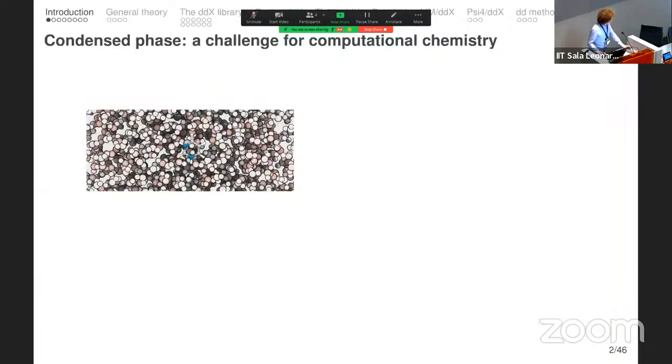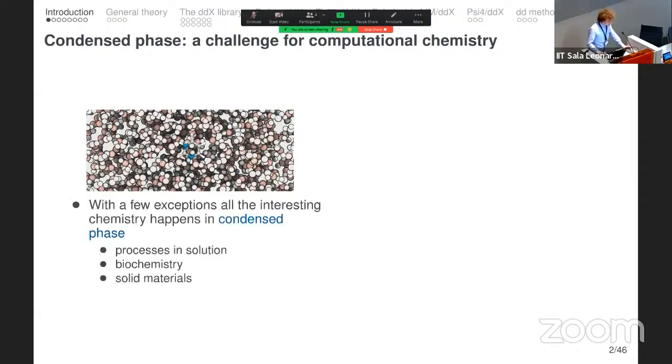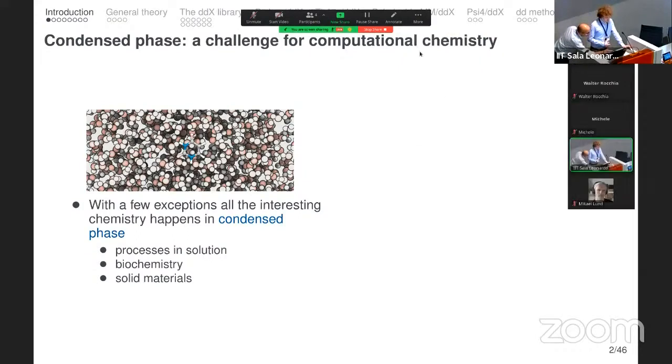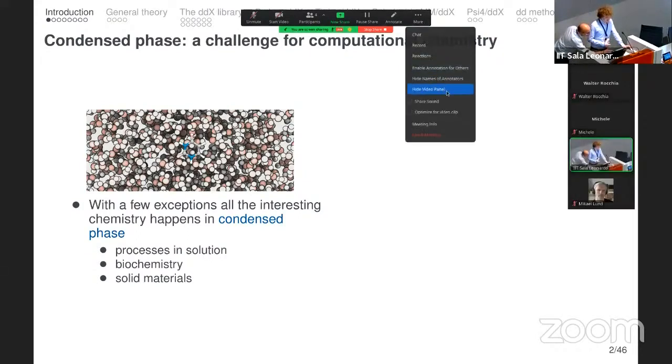The introduction, well, we know it already. We have condensed phase, which is challenging, and most of the processes we are interested in happen in condensed phase. For this reason, cropping the system is not really accurate.